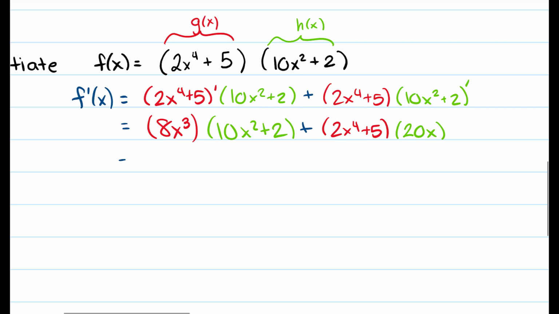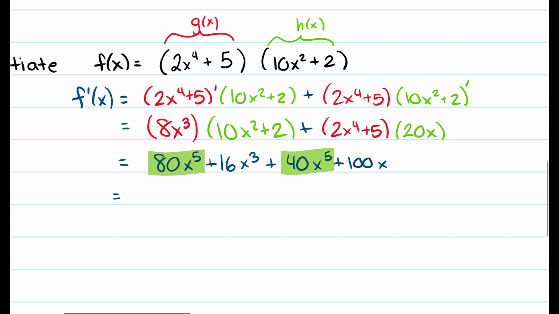And so now we just multiply everything, and we get 80x to the 5th plus 16x cubed plus 40x to the 5th plus 100x. So we combine any like terms that we see, and we get our answer is 120x to the 5th plus 16x cubed plus 100x.